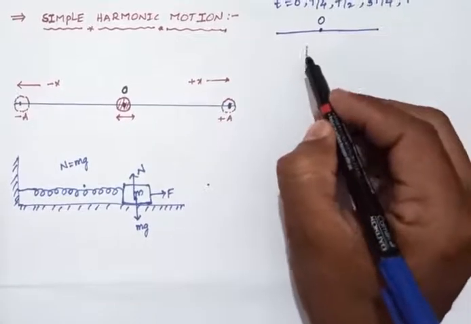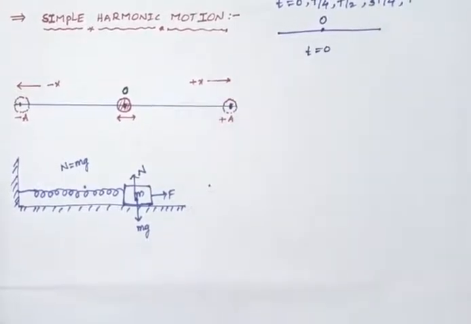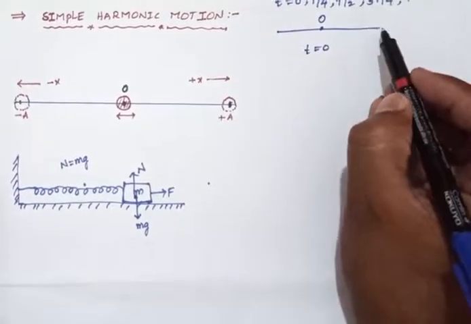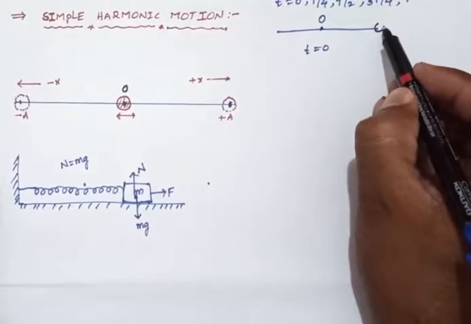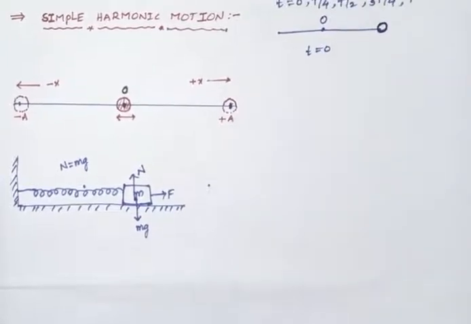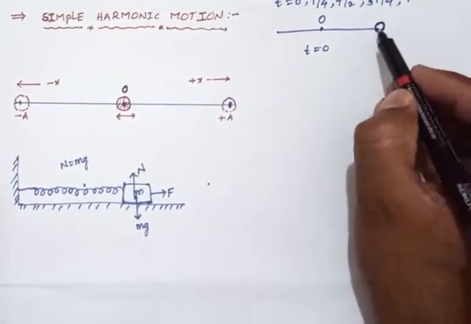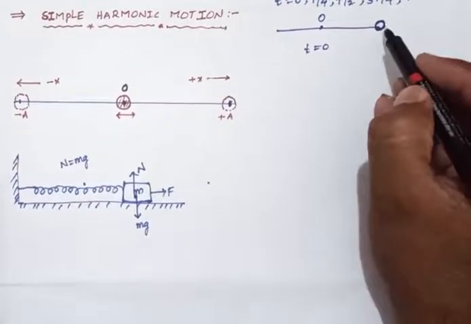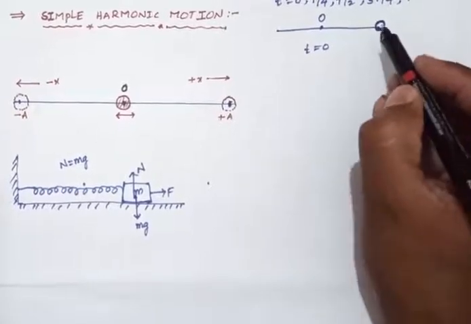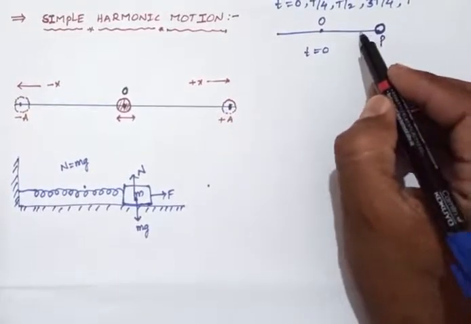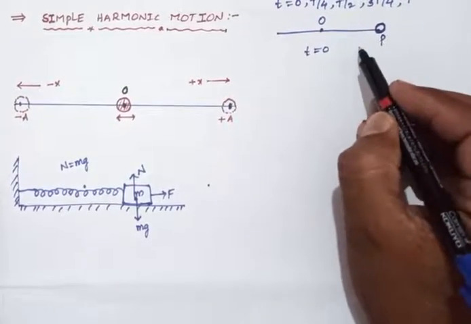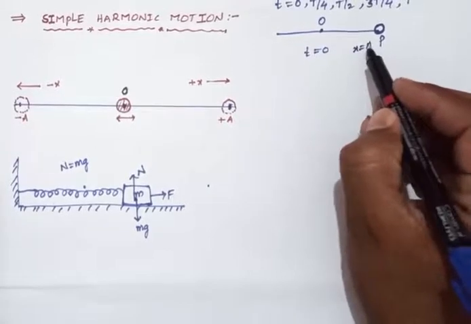At t equals 0, we take the particle at this position. Particle P is at the maximum amplitude, so x equals the maximum amplitude.